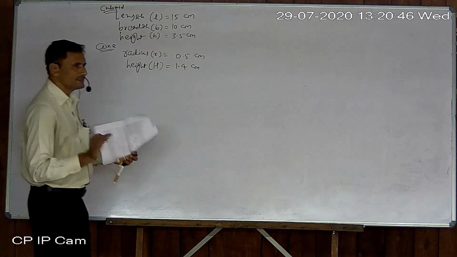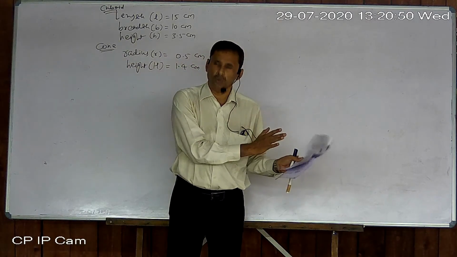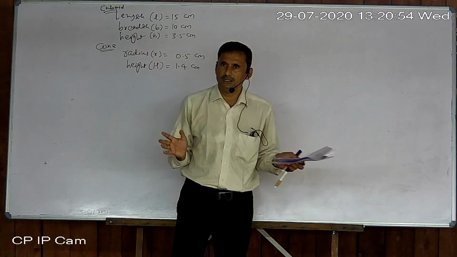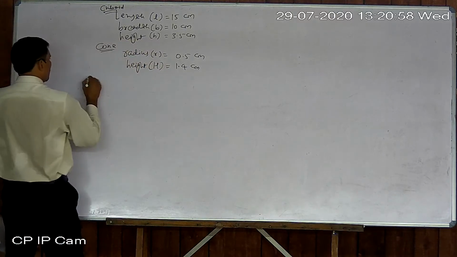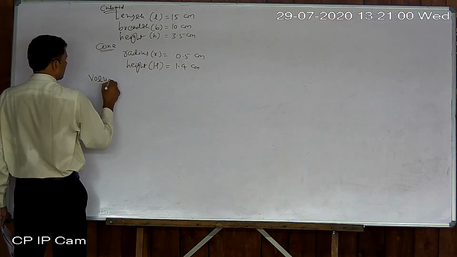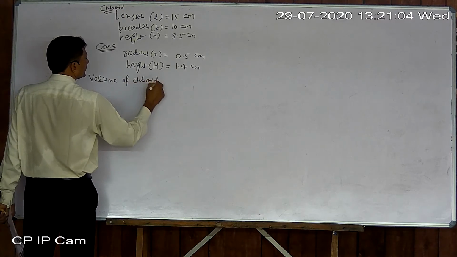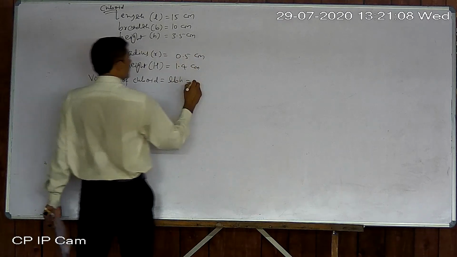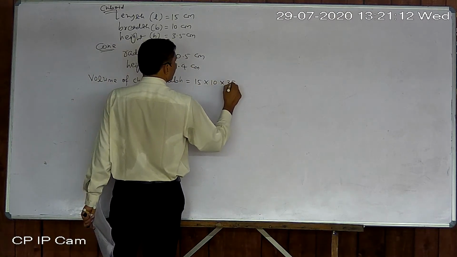Now I will not do it in a single step, because the formulas for the cuboid and the cone are totally different; nothing is common there. So we just keep them separate. First of all, the volume of the cuboid is equal to l into b into h, equal to 15 into 10 into 3.5.